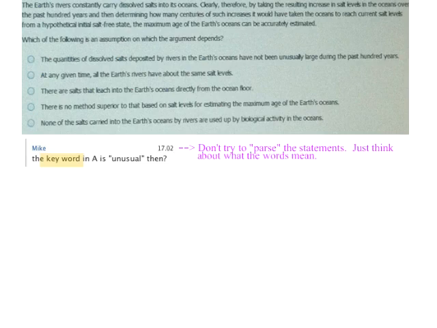Because I could take out unusual and express that in a different way. I could say the quantities of salt dissolved in the oceans have not increased rapidly during the last 100 years. Or, there has been no significant change in the quantity of salt deposited over the last 100 years or whatever.